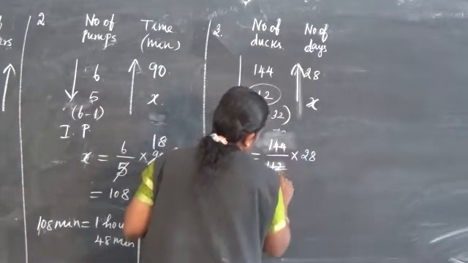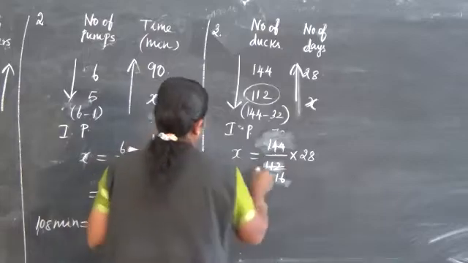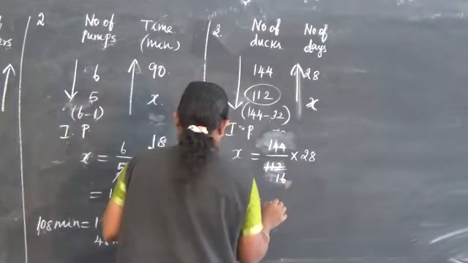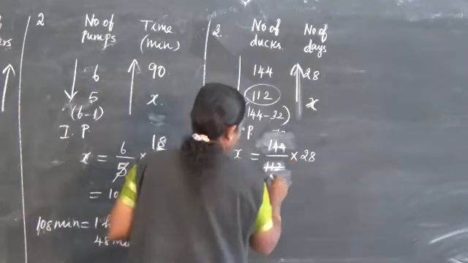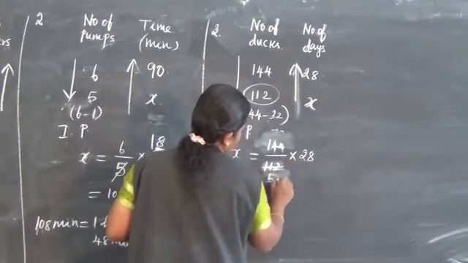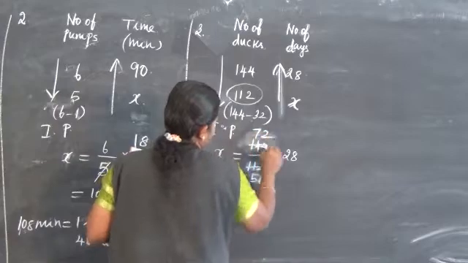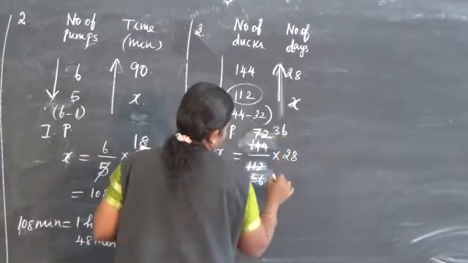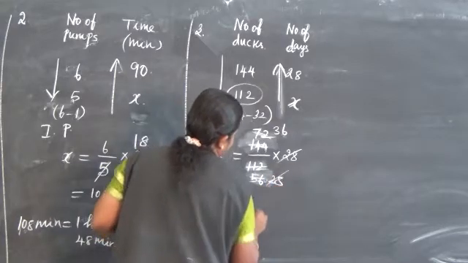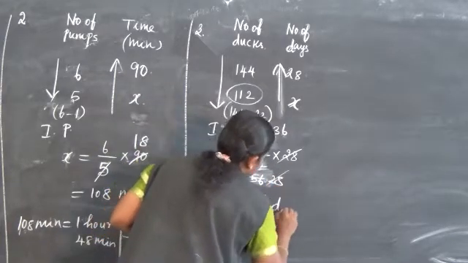If you are cancelling, 1 time, then the 2 table itself, 5 times 56, 72, then again the 2 table, 28, 36. 28 cancels, so 36 days.